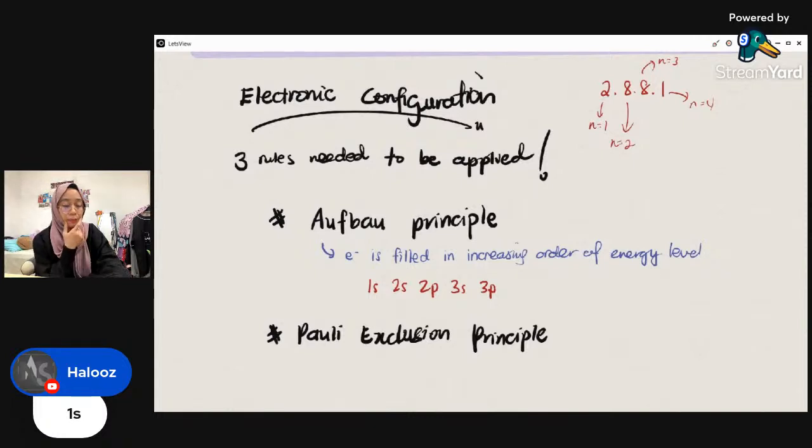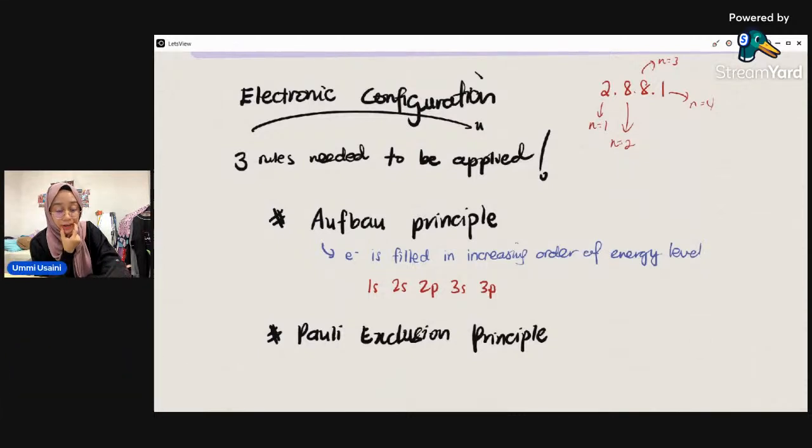Apa yang nak kena isi lepas 3p ni? 4s, very good, okay, so 4s, and then we have 3d, okay, and only then, lepas 4s tu nak kena isi 3d pula, and lepas tu kita masuk balik 4p pula and so on.